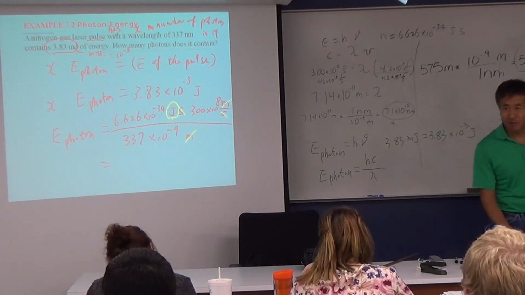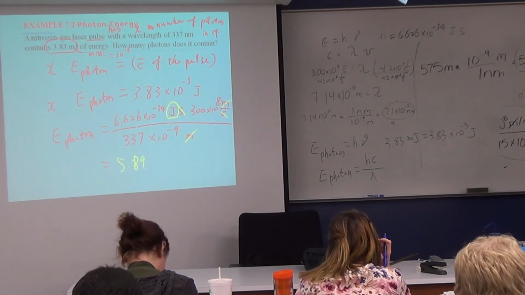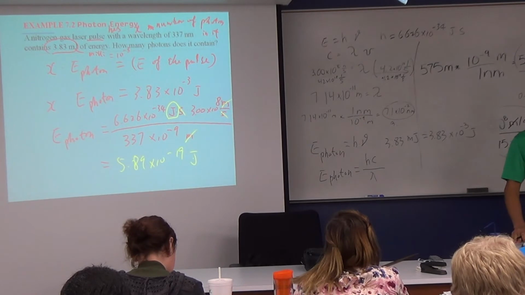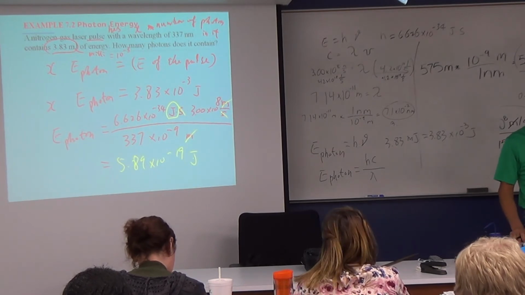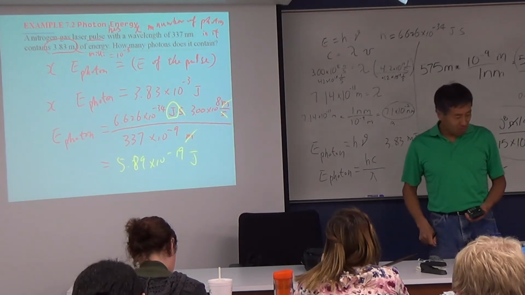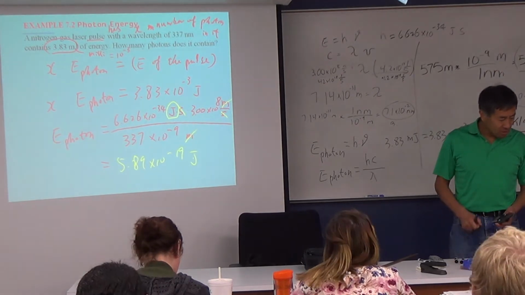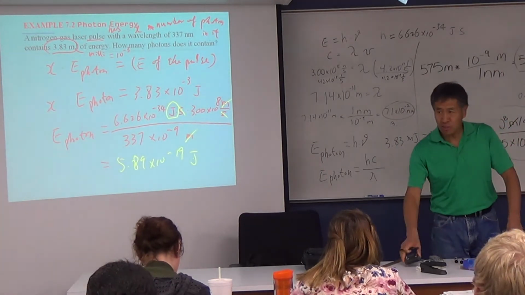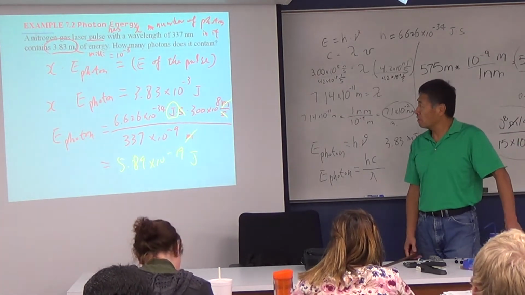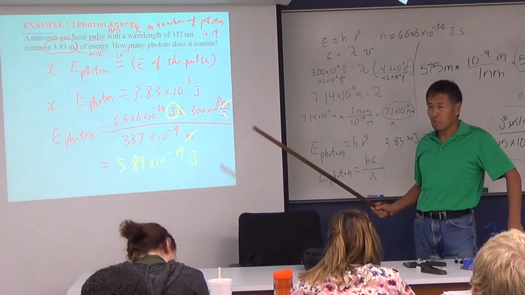So what do you get, Maggie? 5.89 times 10 to the negative 19. Is that right? Yes. You just check, you pressed the wrong number somewhere. For h, do you use 10 to the negative 34? Yeah. For c, you use 10 to the 8. Check that.